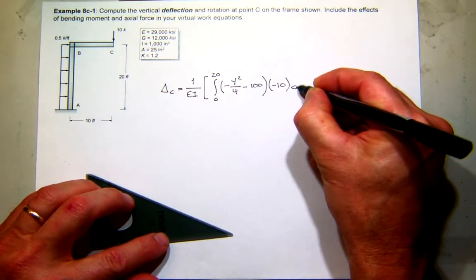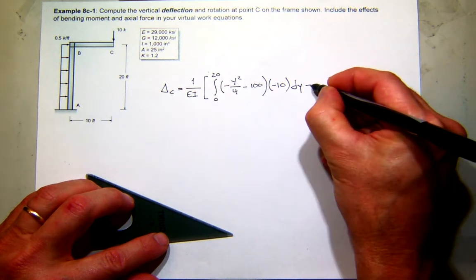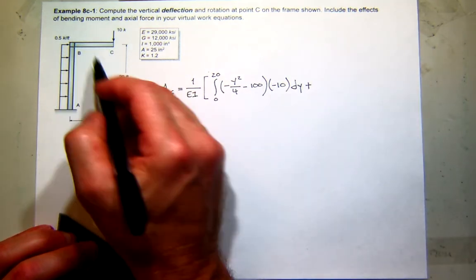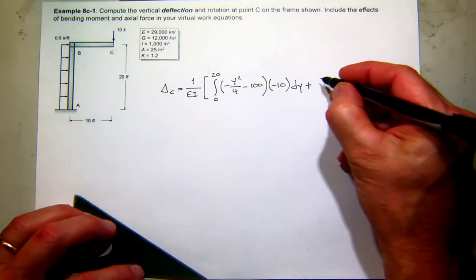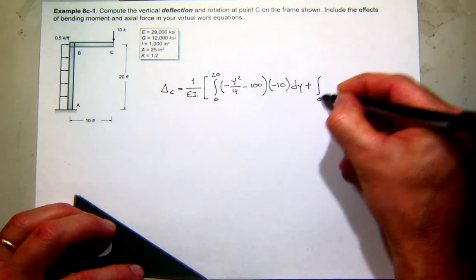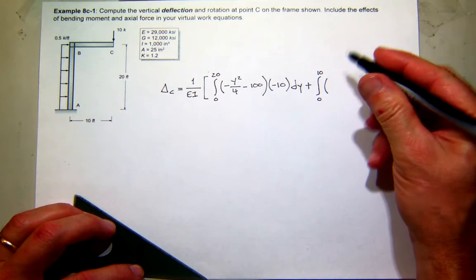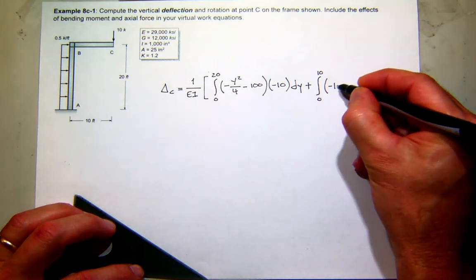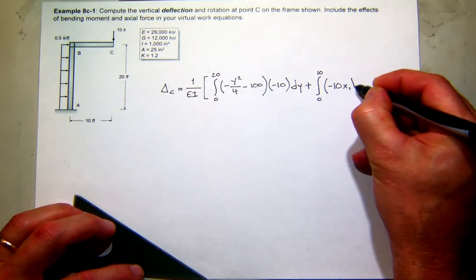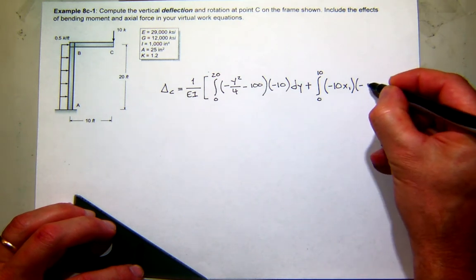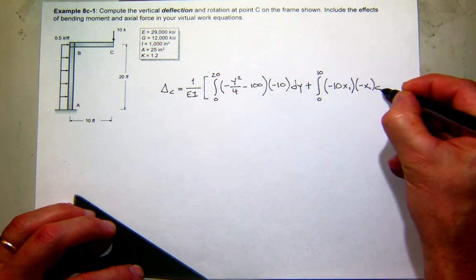We'll integrate that dy. Then we'll add the piece that I wrote here in x1, which goes from 0 to 10. The real moment, if you look in your write-up, is negative 10x1, and the virtual moment is negative x1, integrated dx.